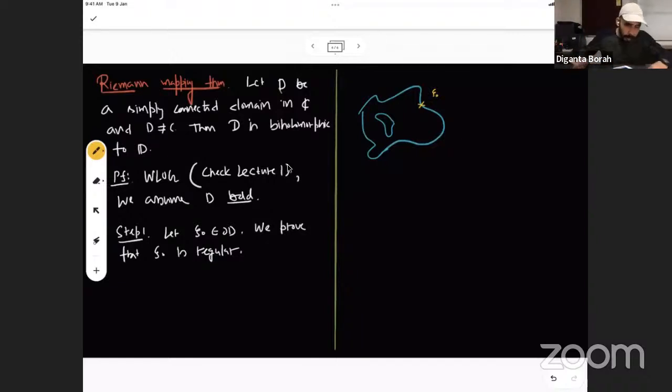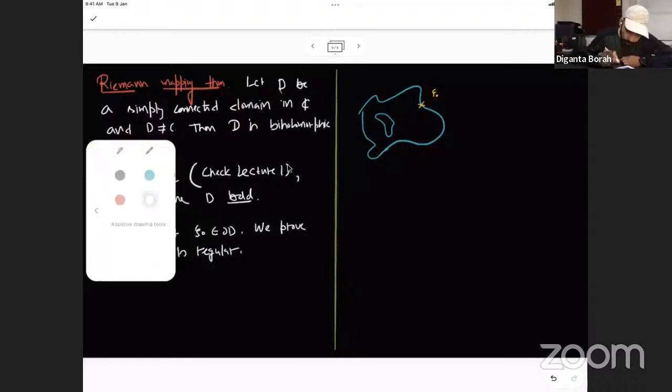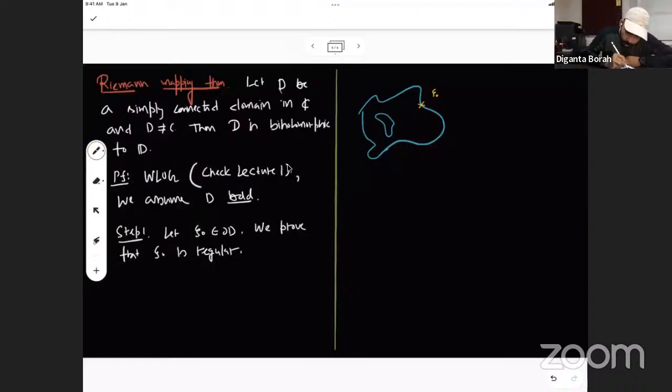So first, let's look at the function z minus zeta naught. This is non-vanishing, right? Because zeta naught is in the boundary, so this cannot vanish in D. D is also simply connected. So there is a branch of logarithm of this function, right?